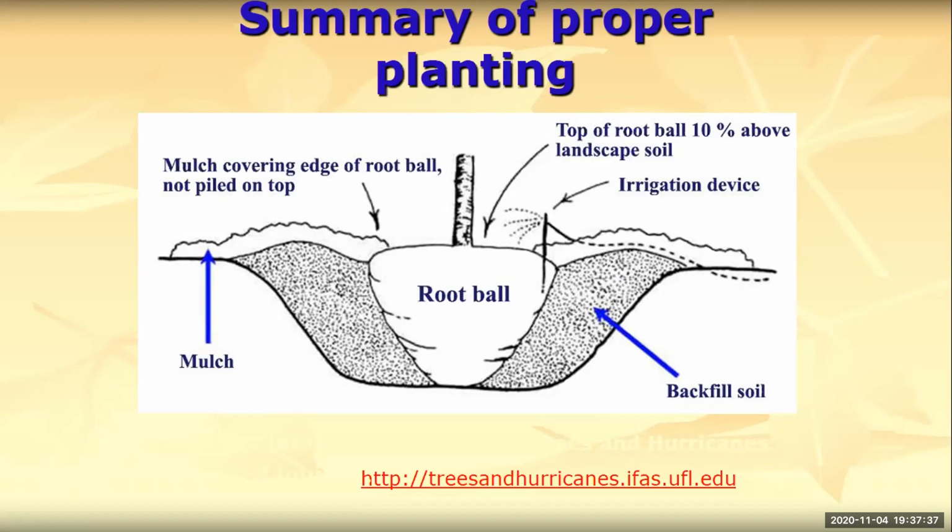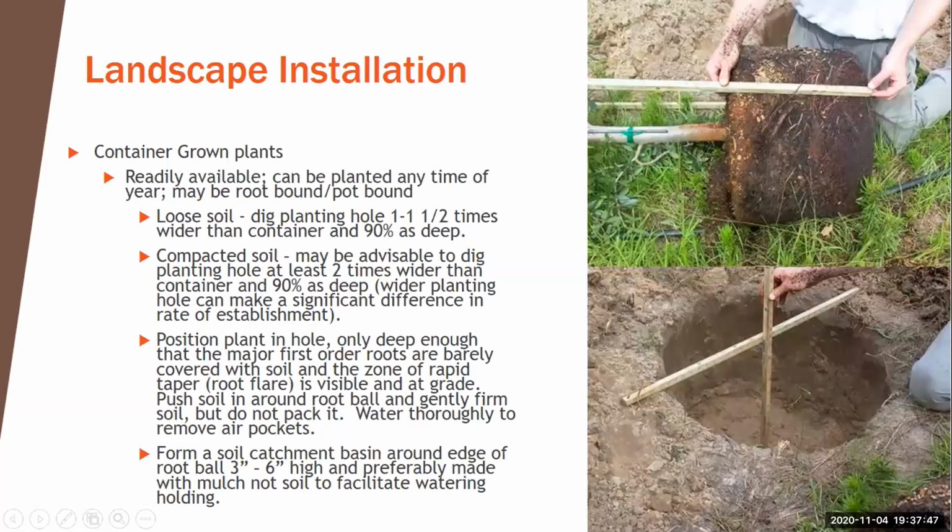I don't know why I cannot. Right. So for landscape installation, you see more or less, I'm not going to read all this, but normally the hole is, again, not very deep. Let's say you have a 20-inch root ball.